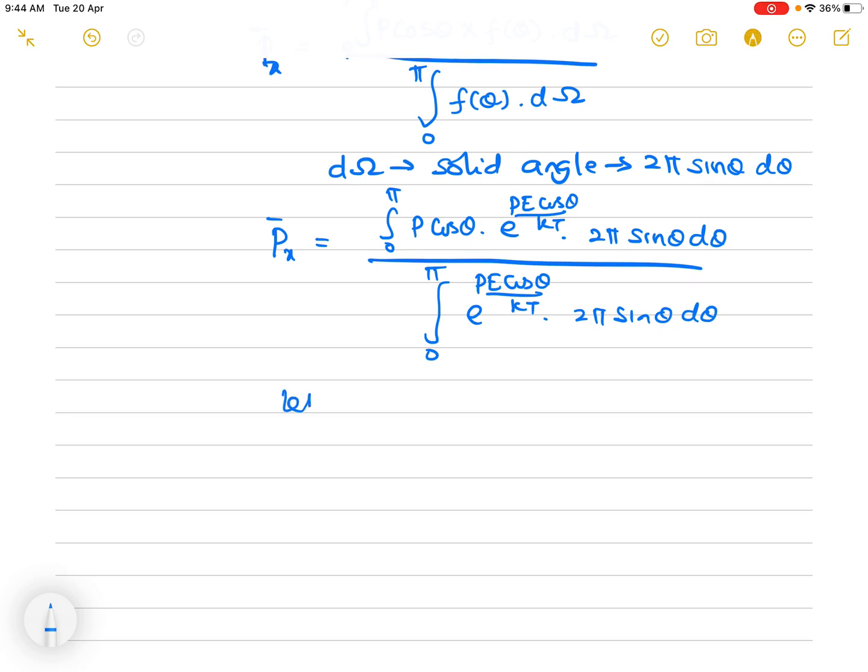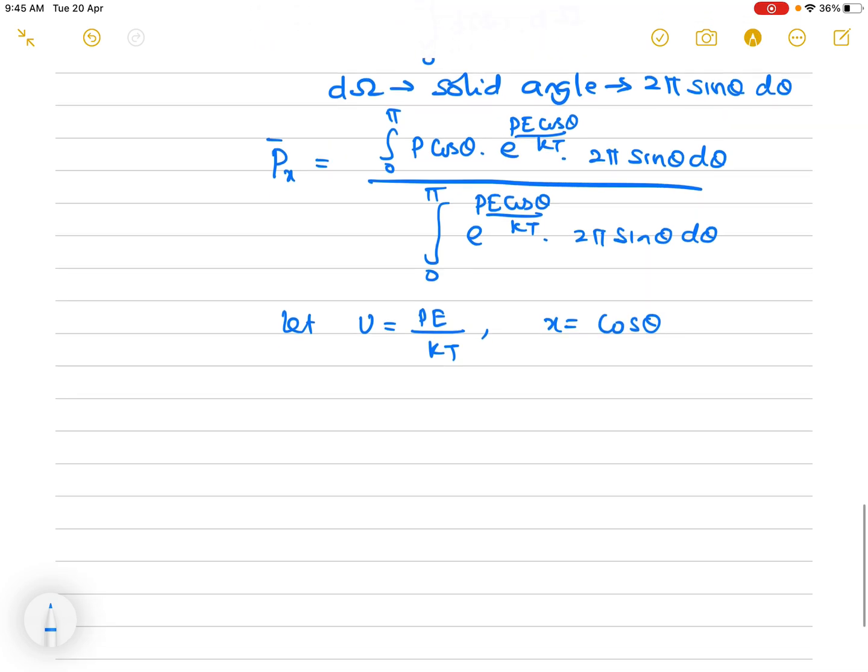So let us rewrite this. px is equal to integral 0 to pi, p cos theta, exponential of ux, and 2 pi sine theta d theta, divided by integral of 0 to pi e to the power of ux 2 pi sine theta d theta.